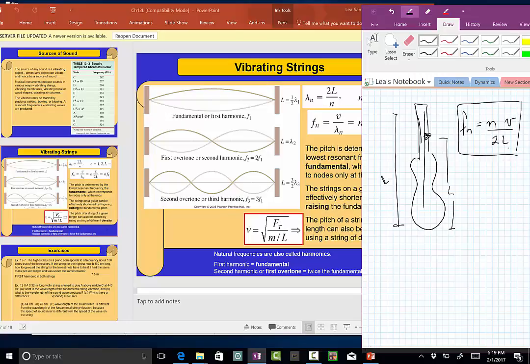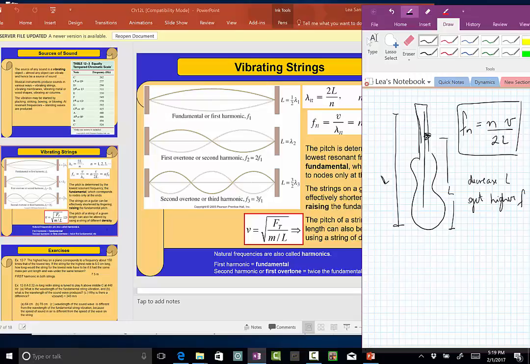If I decrease L, what happens to the frequency? Smaller L gives me a higher frequency. So that's what the musicians are doing. If they decrease L, we get a higher frequency. So that's very smart. By putting the fingers at different positions, they get different frequencies.